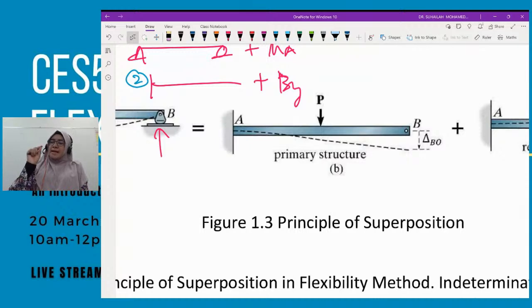Okay, redundant yang kita remove tu, position dia pada B. Redundant position. So kita kena tengok, kita kena mark, kita kena calculate displacement at B. Okay, so kita label as delta B naught.